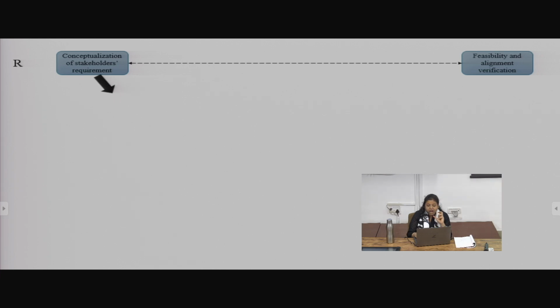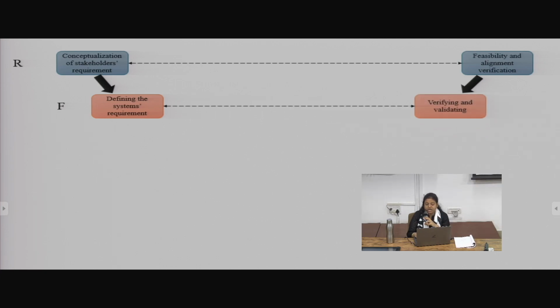After the requirements development, we go for the F phase. F is defining the system's requirements. What should be required in the system? What is the functionality? Then these system functions will be required to be verified and validated. In the next phase, the L phase, it is detailed designing.